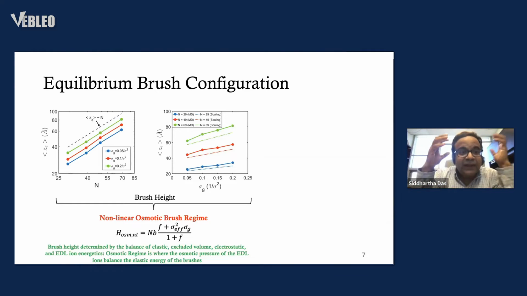Three, the electrostatic effects of this brush molecule given that they are charged. And four, the electrostatic energy associated with the formation of the electric double layer, or the counterion screening cloud that is formed around the brush molecule. Now, the osmotic regime is the regime where the elastic energy of the brushes balances the osmotic pressure of the EDL ions.